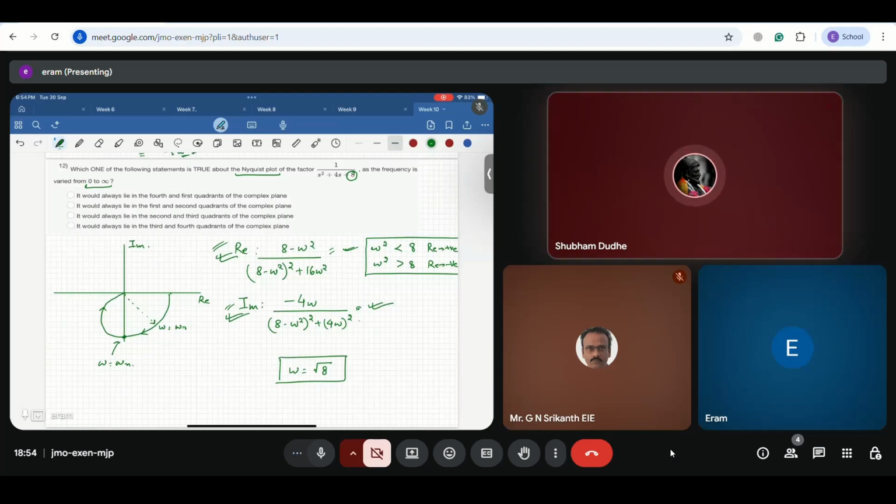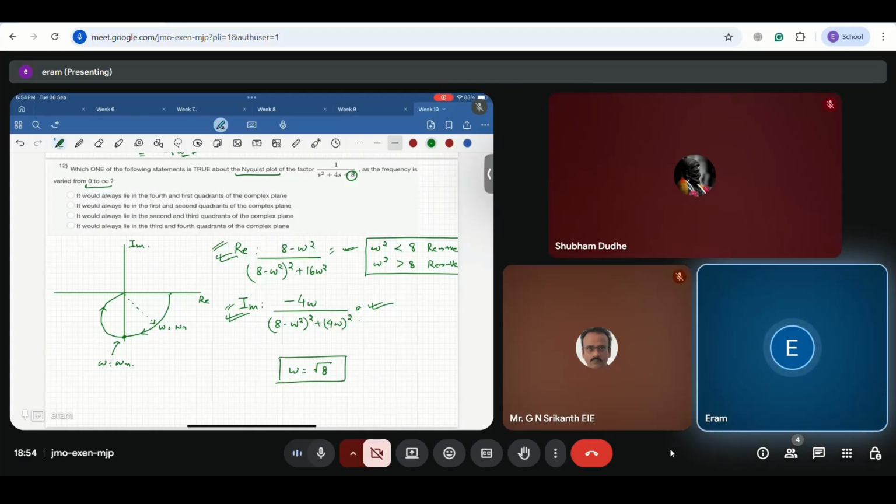Ma'am, can we find the resonant frequency also? For resonant frequency, you are given the input. For this case, I don't know how to calculate it; I haven't seen a question like that.